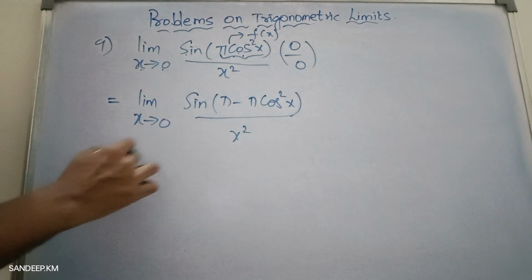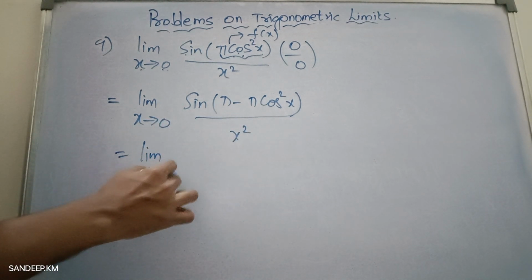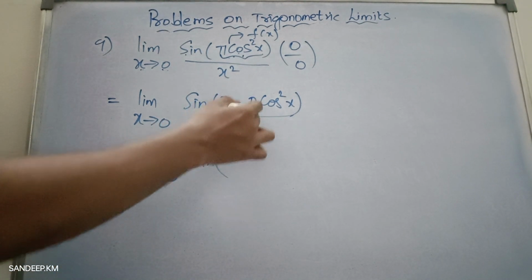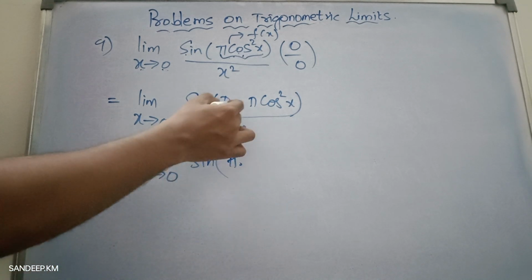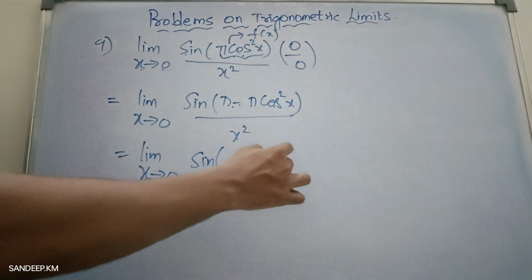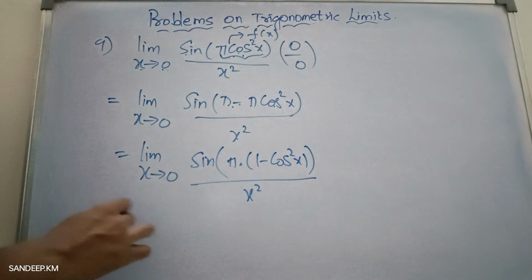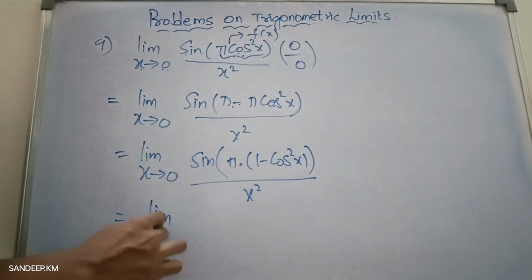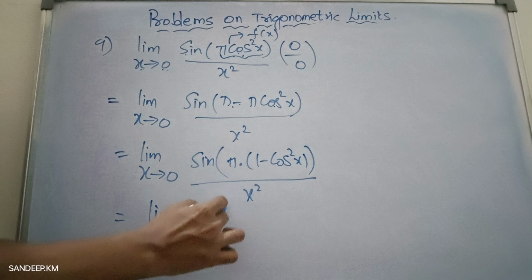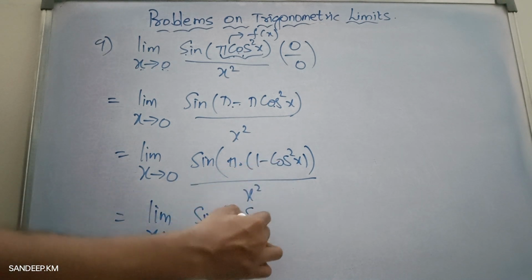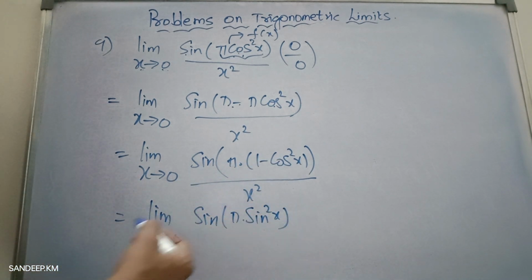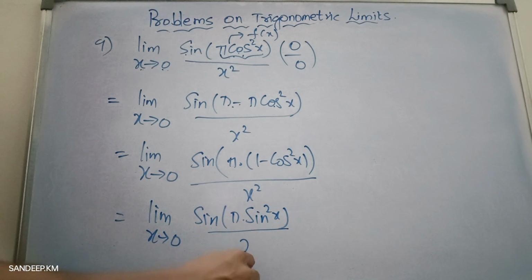So now what happens here? Limit x approaches 0, sine of... here and here, if I take pi common, you get 1 minus cos square x. What will you get? 1 minus cos square x. And we all know that sine of pi into 1 minus cos square x is sine square x, identity, whole divided by x square.